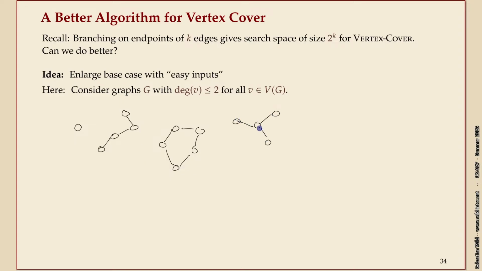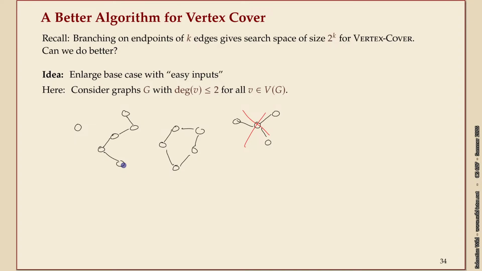That's already degree 3, so that is not allowed. So really it's long chains and cycles, and that's all. Very simple graphs. So what would an optimal vertex cover for this graph look like? Let me add one more vertex to our graph, to our path here.